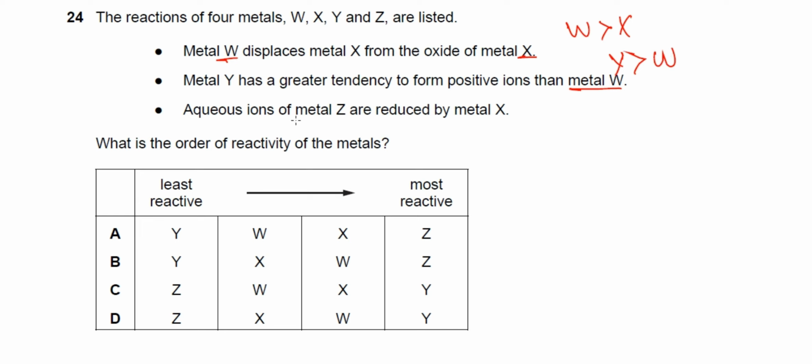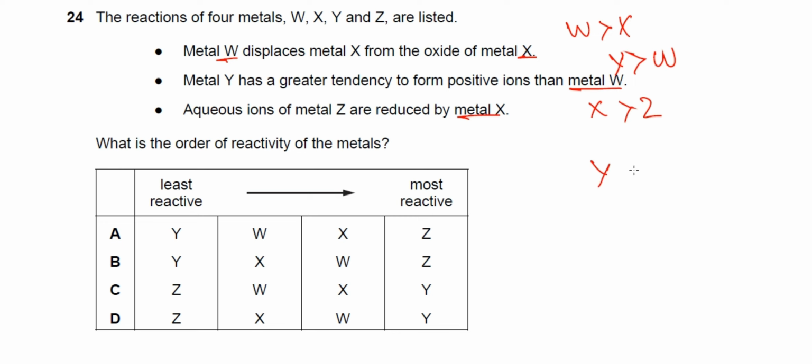Then he says aqueous ions of metal Z are reduced by metal X. So when something is reducing the other one, it should be oxidized. So we can say X is more reactive than Z. If we combine all these, if W is more reactive than X, it should be more reactive than Z. And if Y is more reactive than W, it means it is more reactive than all others.